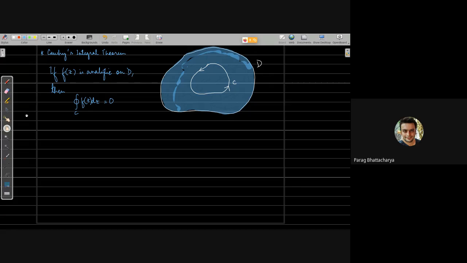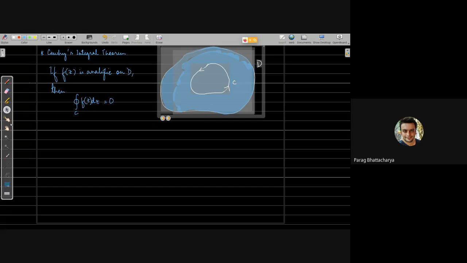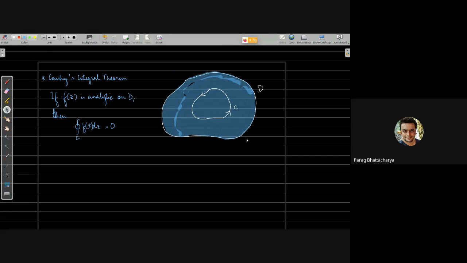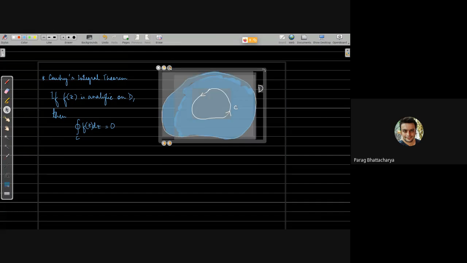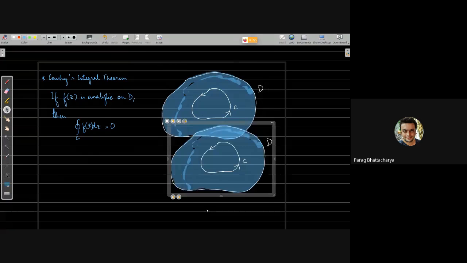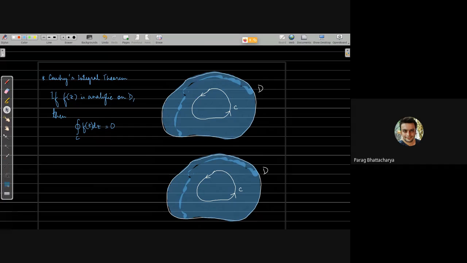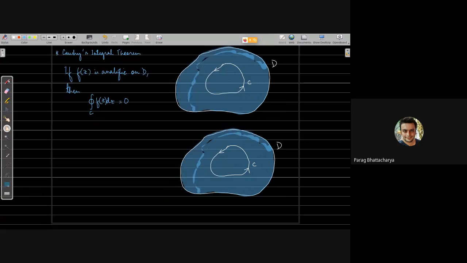This we already know, right? Now let's consider a point here. Now for the Cauchy integral formula.